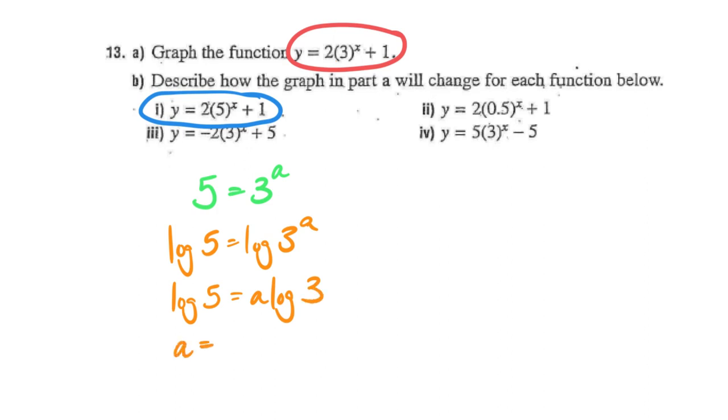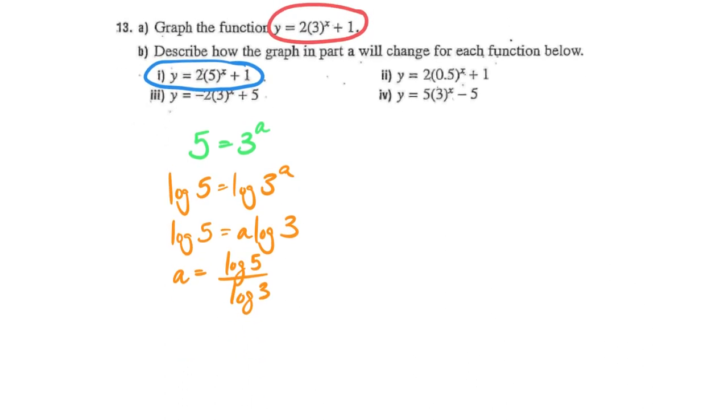Now I could divide out my log 3. And I'm just going to slide that up on the screen a little bit. That would allow me to combine that back into one log using my properties of logs. Nice. What I just found out was that that a value could be log base 3 of 5, and that gives me the exponent I would put on 3 that makes that equal to 5.